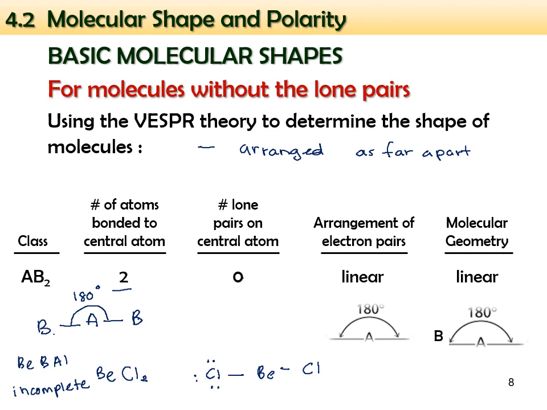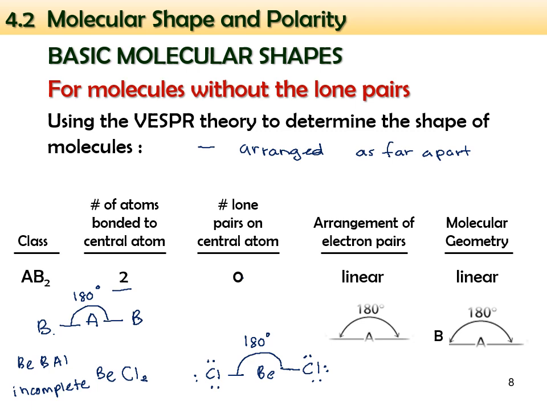BeCl2, with beryllium as the central atom and Cl as the terminal atoms. So you have two bonding pairs. One bonding pair and another bonding pair will arrange themselves as far as possible. So the bond angle here will be 180 degrees. Therefore, the arrangement of the electron pairs will be linear, and the molecular geometry, we can call it linear.